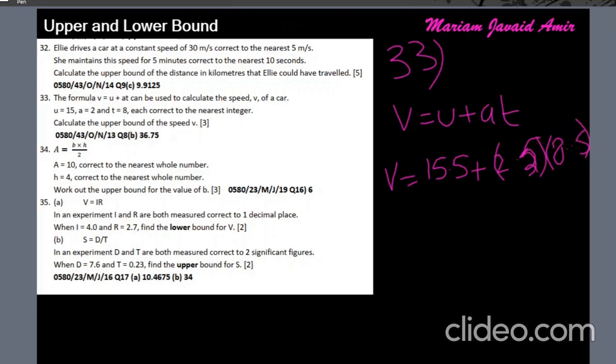So add 0.5 to all of these values because it's correct to the nearest integer. Integer is one integer, divide 1 by 2, and we get 0.5. So for upper bound, add 0.5 to all of these values. 36.75 is the answer for 33.